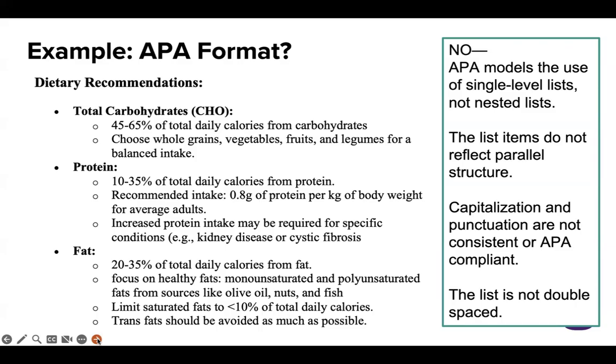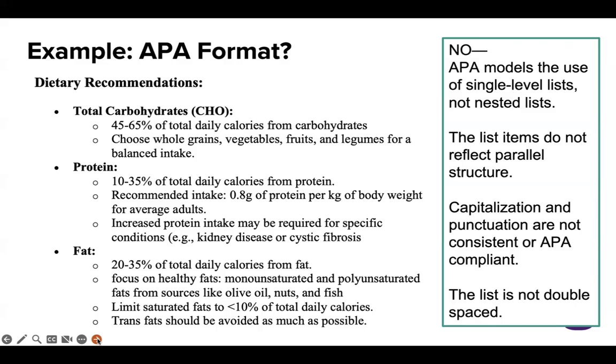And then down in the fat, the second bullet under fat says focus on healthy fats, and then it's got the colon, monounsaturated and polyunsaturated fats from sources like olive oil, nuts, and fish. So here we can consider focus on healthy fats to be a phrase followed by a sentence fragment. So it's all mixed up in here.